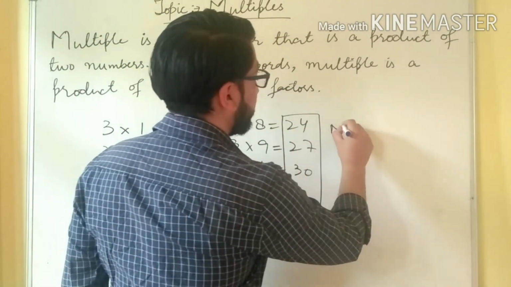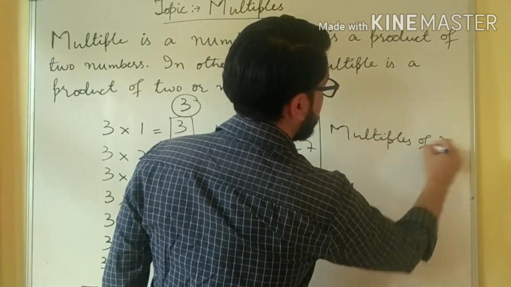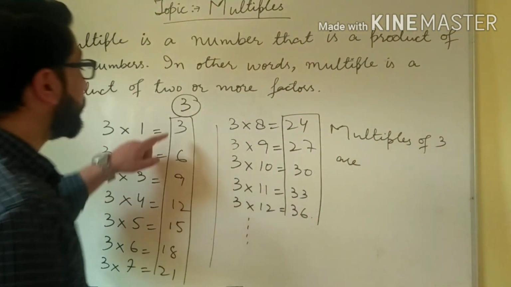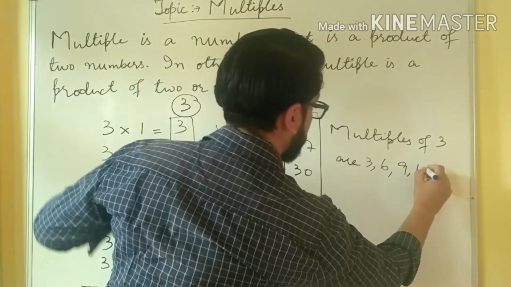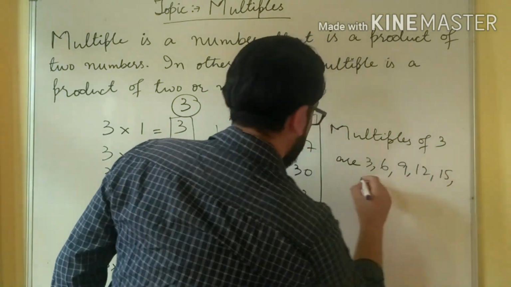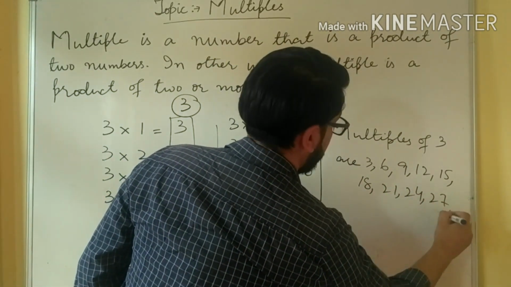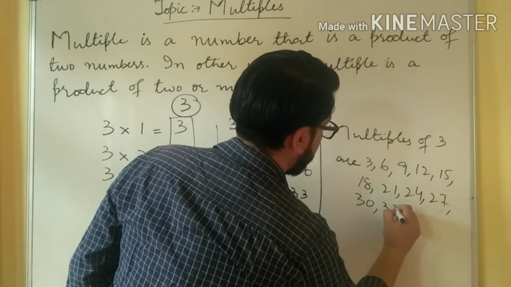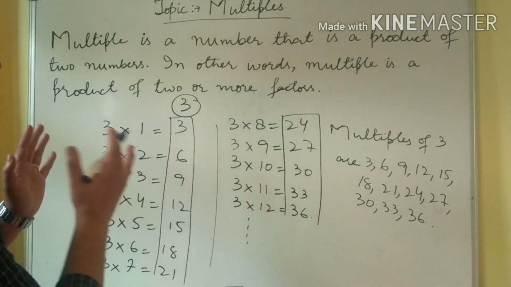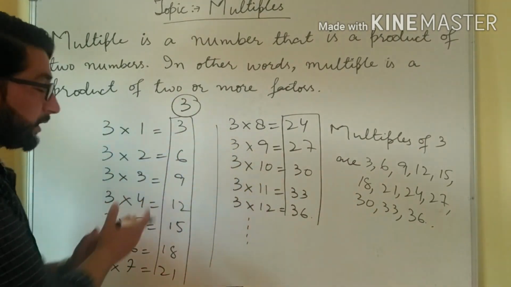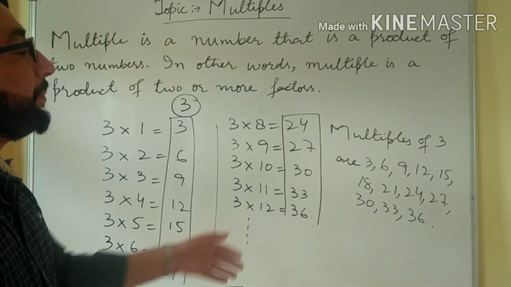So we can say that multiples of 3 are 3, 6, 9, 12, 15, 18, 21, 24, 27, 30, 33, 36 and so on. We multiply 3 by counting numbers and obtain these numbers, and these numbers are said to be multiples of 3.